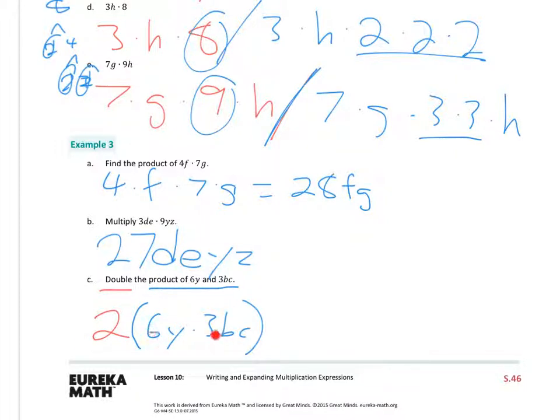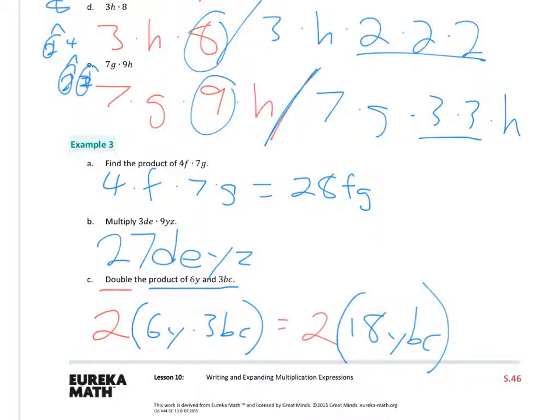So 6 times 3, that would be 18, so I'll rewrite that over here. I ran out of space, so I'm going to write it sideways instead of down. That would be 18ybc, and then this is just 2 times 18ybc.